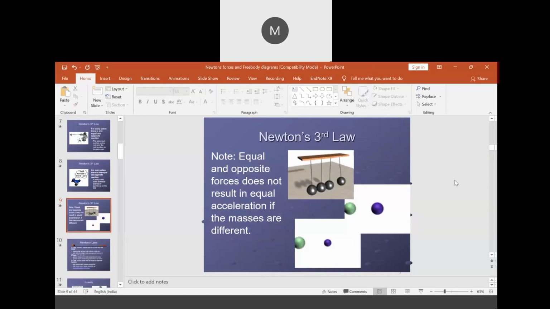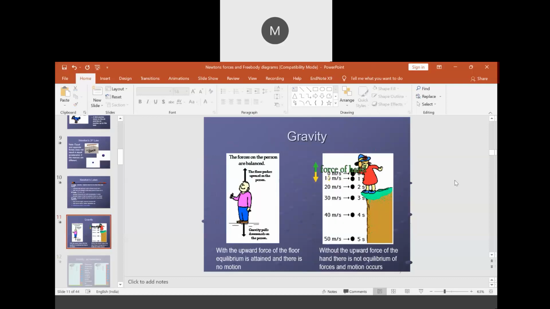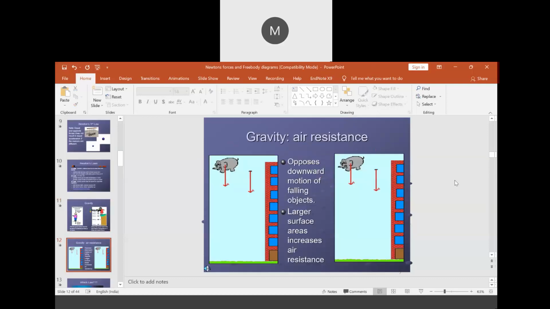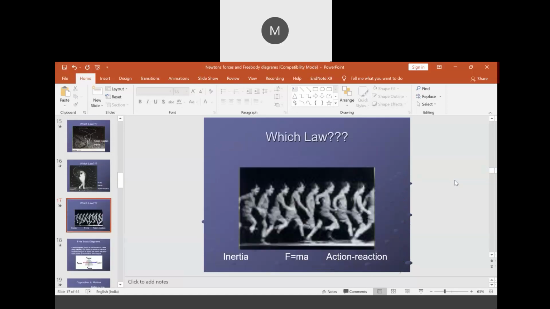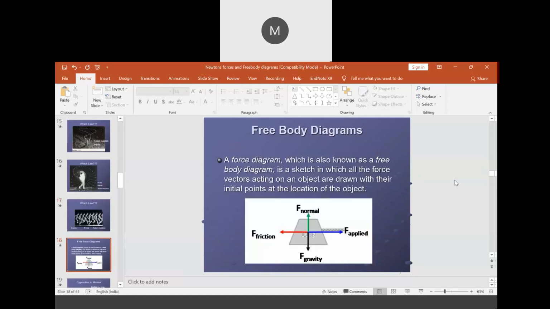Even if it's hard, we'll discuss it later on. You all know this also. Now we'll have something important. This is called a free body diagram. What is actually a free body diagram?